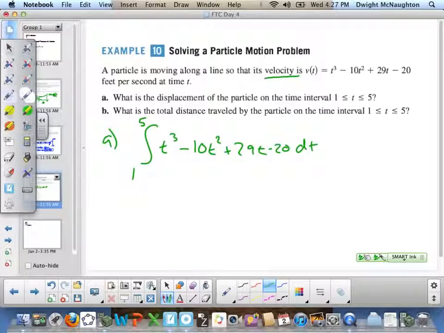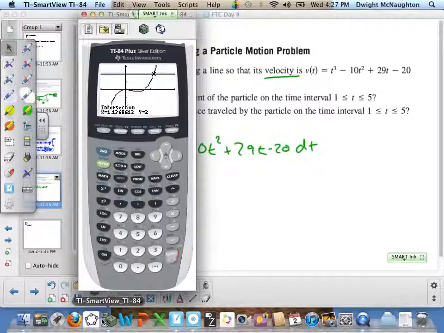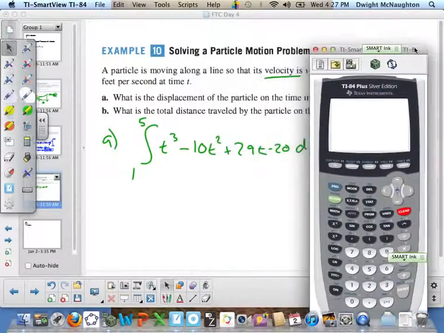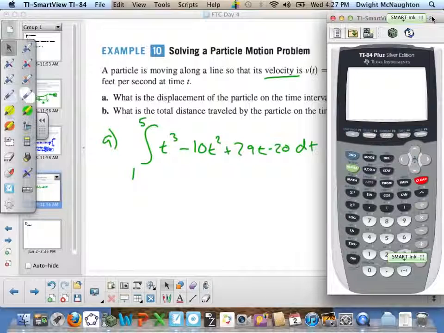All right, this looks like a good calculator problem. So we'll break out the TI-84 or whatever you have. And we will do the antiderivative, use the Math 9 feature.